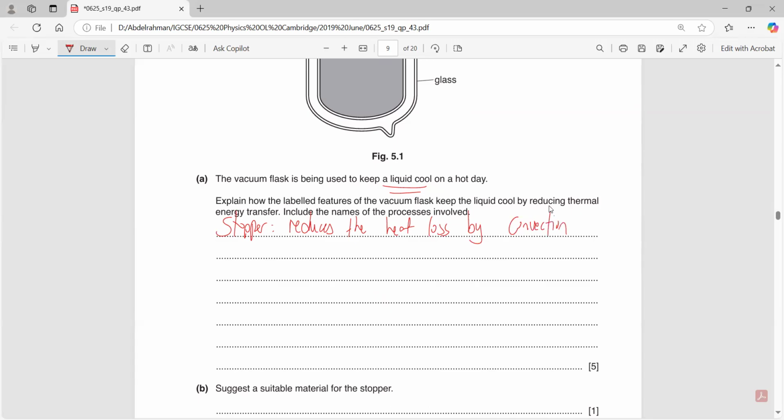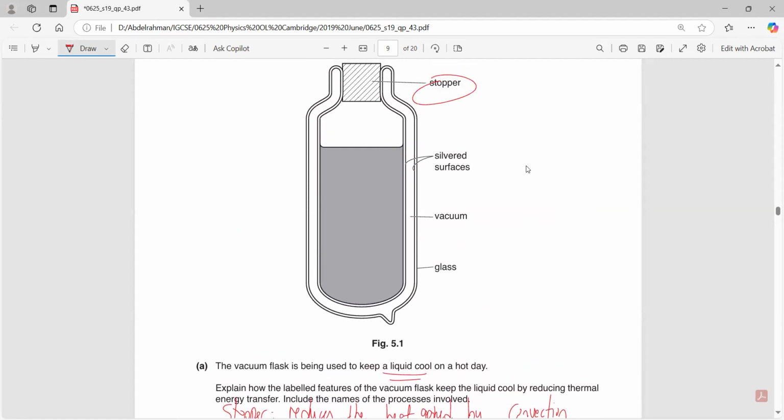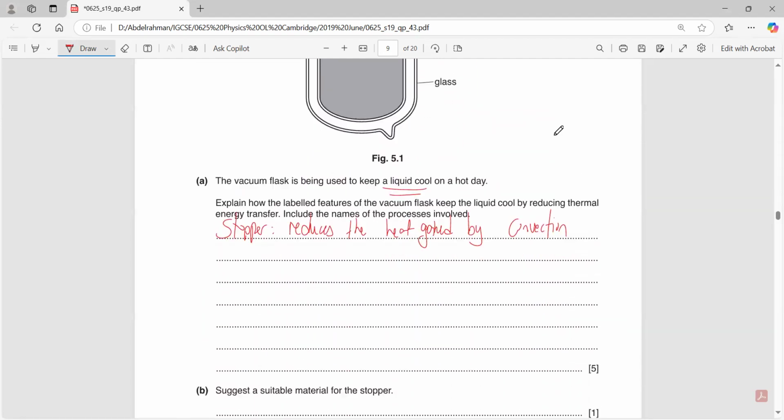It prevents the hot air from rising up or cold air falling in. Or actually, the heat gained. This is not heat lost, I'm sorry. Heat gained, because this is a cool liquid. Heat gained by convection.